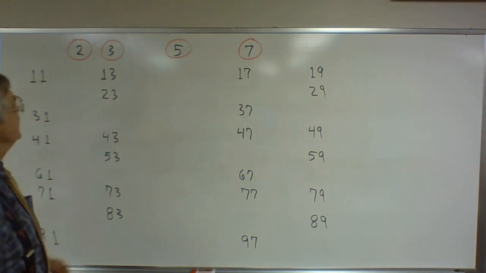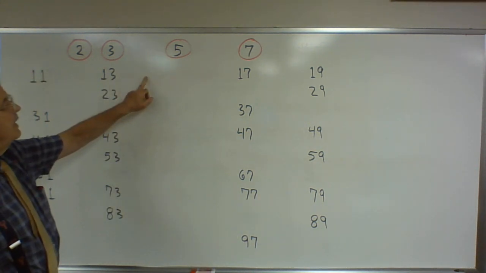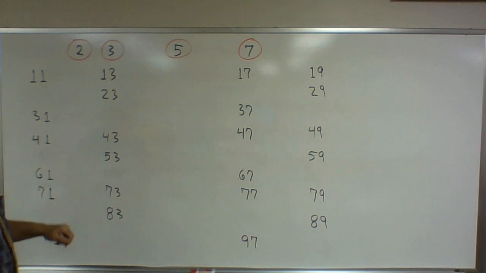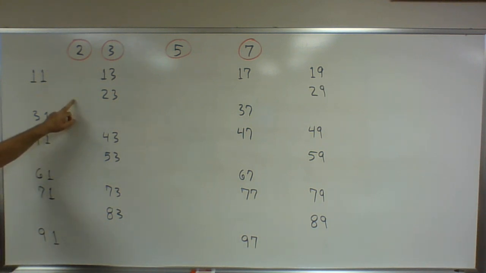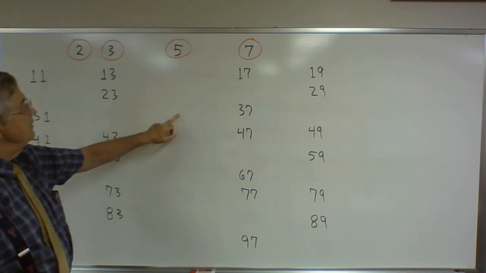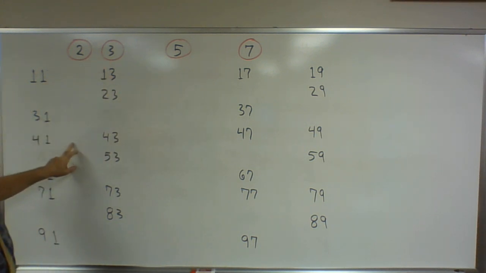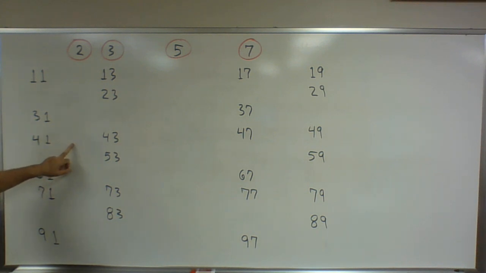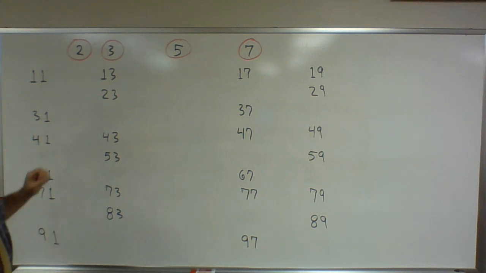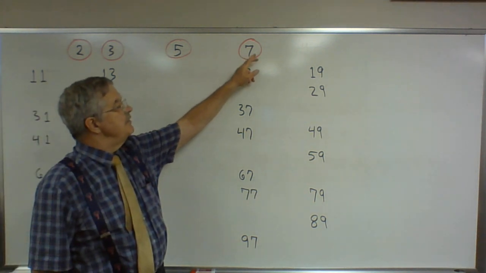See, 2 times 7 is 14, we got rid of that. 3 times 7 is 21, we got rid of that. 5 times 7 is 35, we got rid of that. 6 times 7 is 42. We got rid of that. See, we got rid of all of the multiples of 7 less than 7 squared.